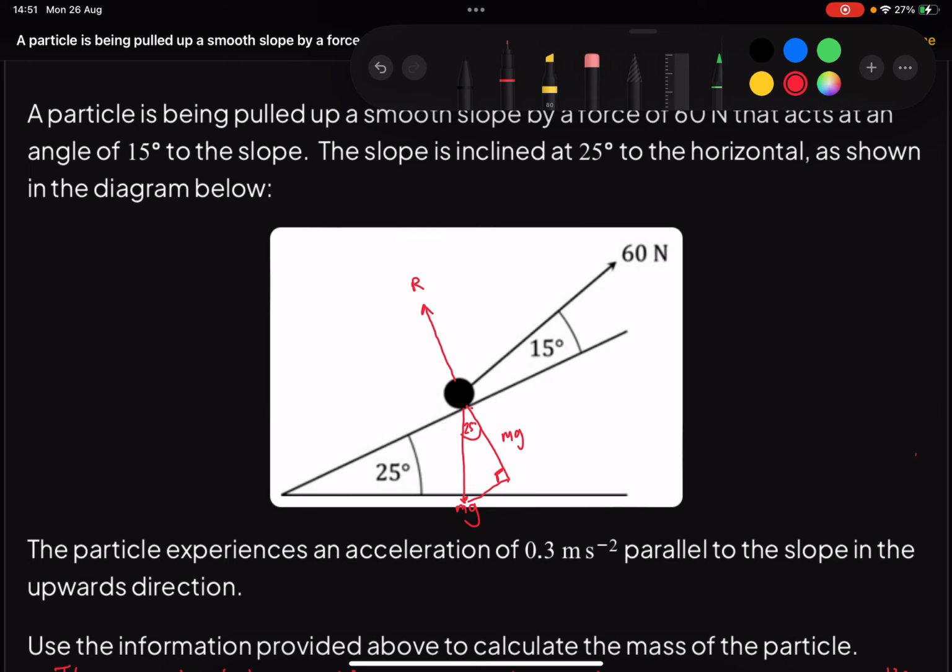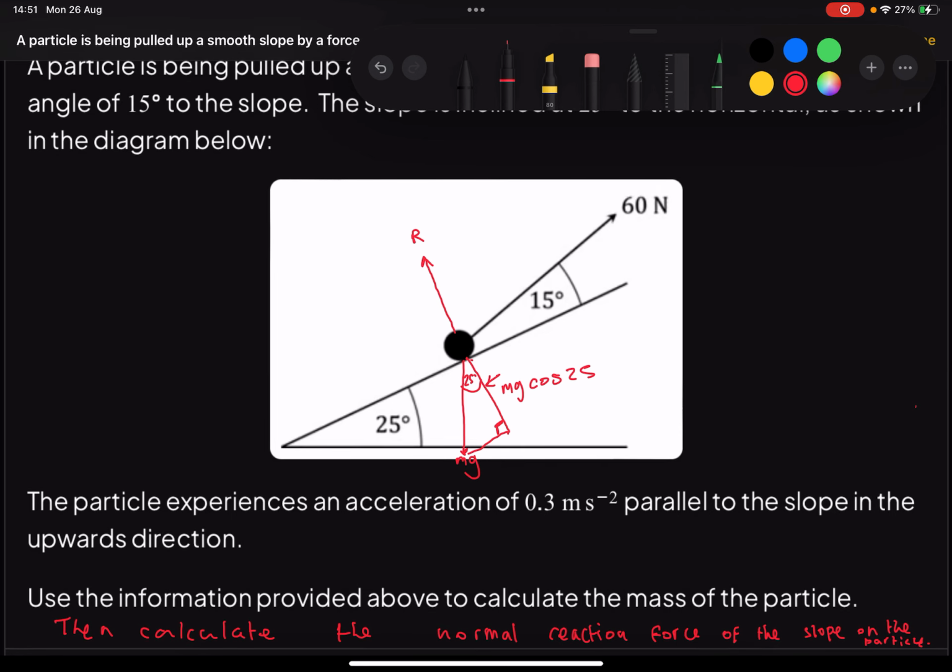Is this adjacent or opposite? It's adjacent because it's next to the angle, so that must mean it's mg cos 25. And here it's mg sin 25 because it's opposite the angle.